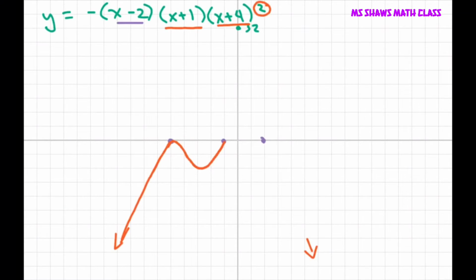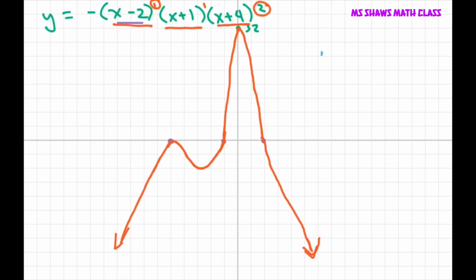Now, at negative 1, that's to the first power, so it can cross, and it's going to cross right here. It can cross the x-axis, and we're going to go all the way to 32, which normally would be much higher, but we're just going to put it there. And then we come back down and go to 2. Now, that factor is to an odd power, so that means we can go straight down. So that's just a little sketch of the graph.